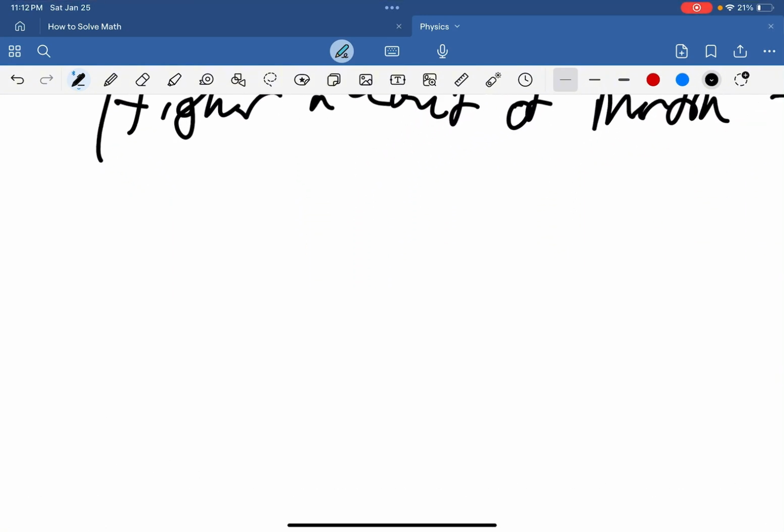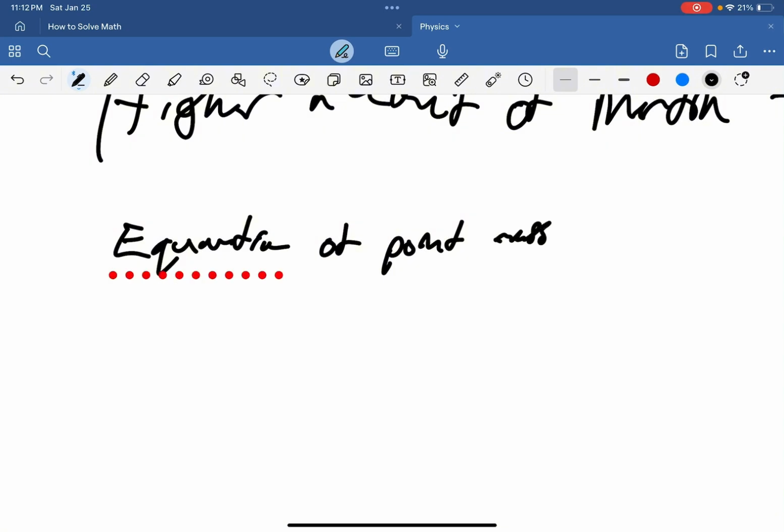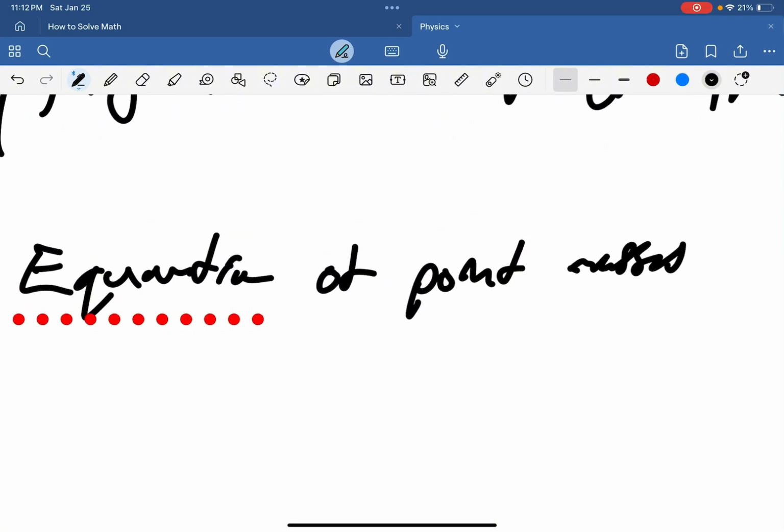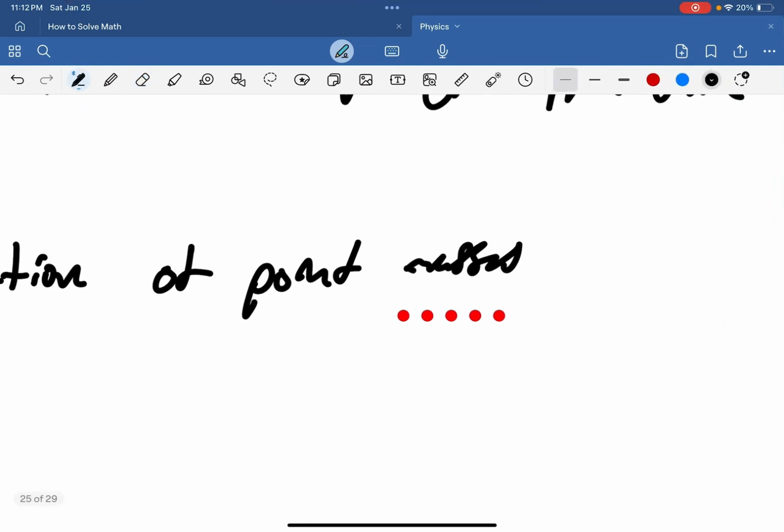So let's figure out the equation of point masses. Jeez, can this thing really recognize my handwriting? Equation of point masses. Come on, man. That's just masses.